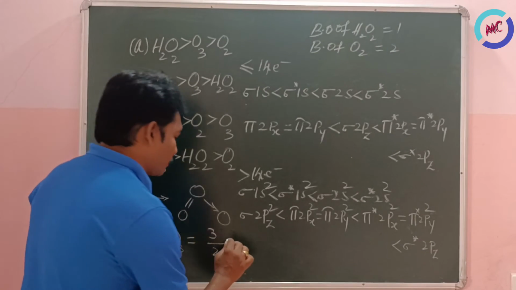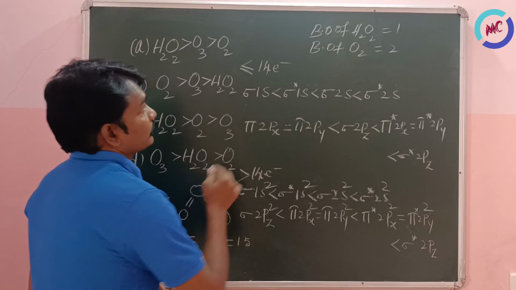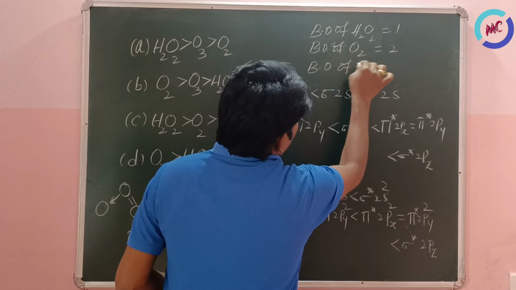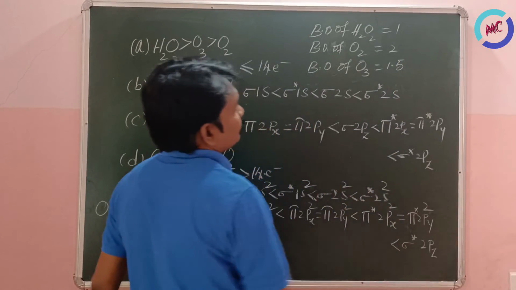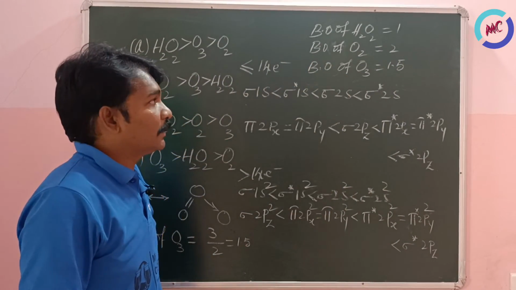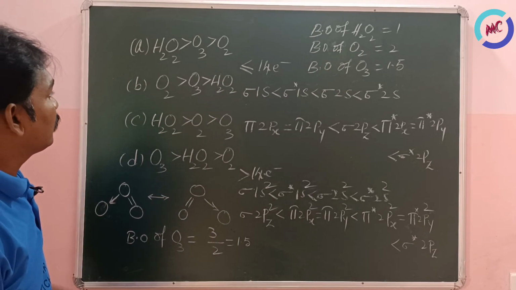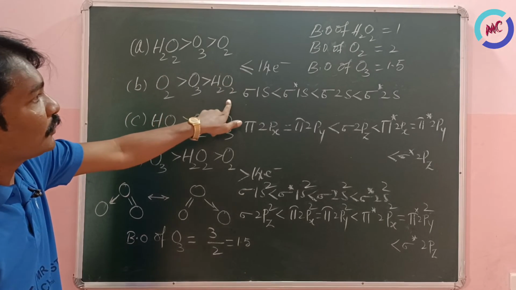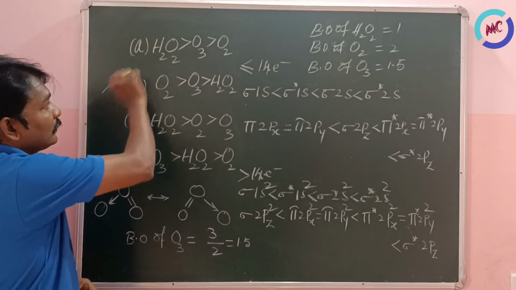Okay, 3 by 2 is equal to 1.5. Therefore, bond order of O3 is equal to 1.5. Which one has more bond order? Oxygen has more bond order, and then ozone, and then hydrogen peroxide. Let us check. O2, O3, H2O2. Option B is the right answer.